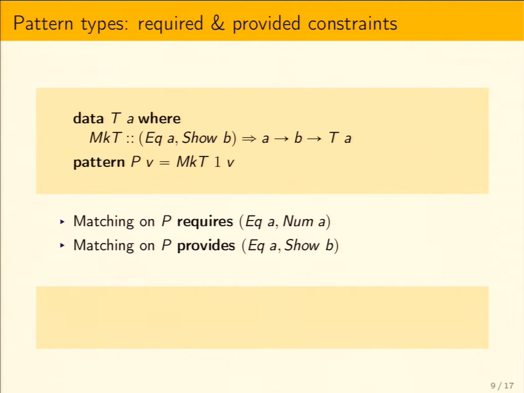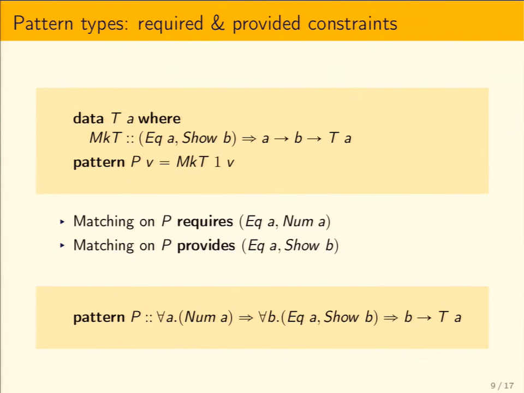So in this case, we will assign to P the type: for all A such that there's a Num instance for A. This is the required constraint. It provides some rigid type, or some existentially bound type B. It provides the type class context Eq A and Show B. And in this context, it has one remaining argument, which is a B, and the scrutinee type is T of A.